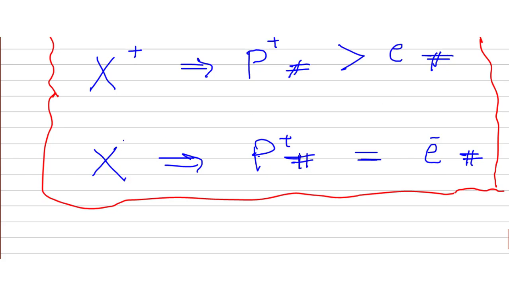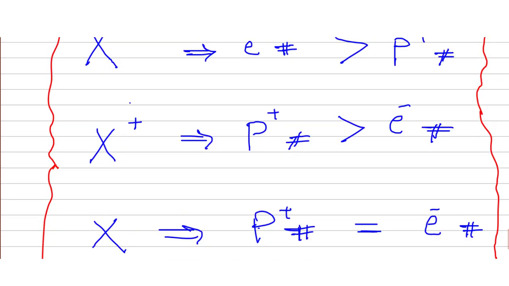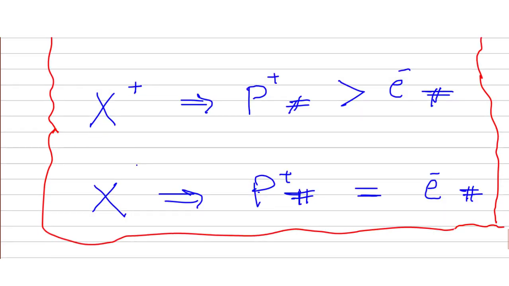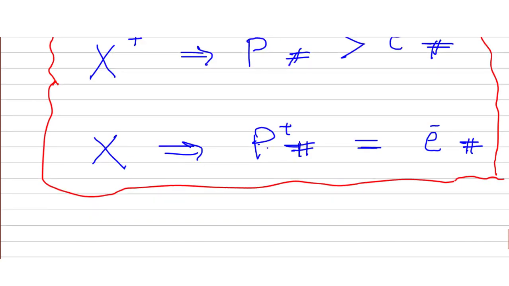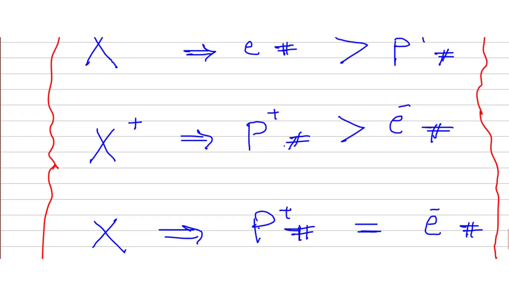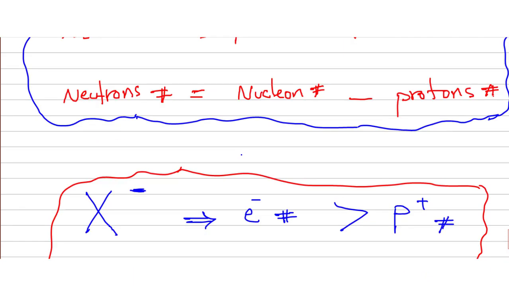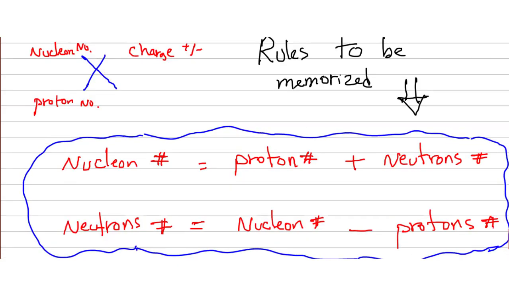And finally, if we have neither negative nor positive, it means it's neutral or zero, and in this case number of protons equals number of electrons, and the atom is electrically neutral. So please guys remember all of these rules before going to the table.